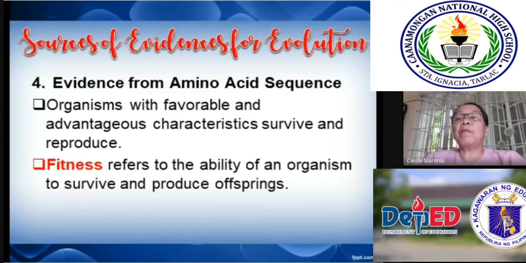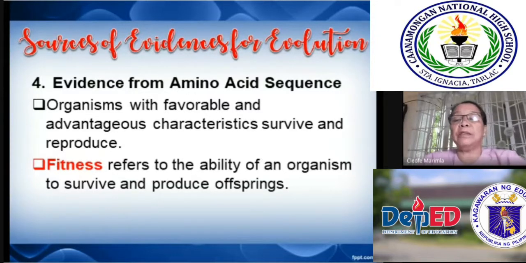Organisms with favorable and advantageous characteristics survive and reproduce. Fitness refers to the ability of an organism to survive and produce offspring. This means that organisms continue to survive and reproduce when the environment is still sustainable for them.